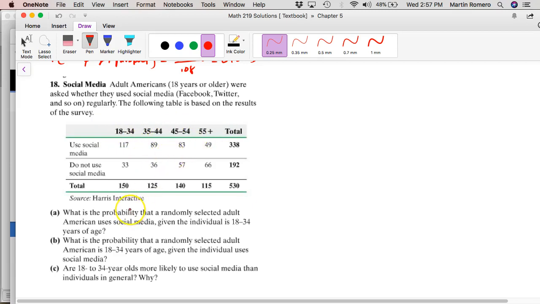So let's answer some questions. A, what is the probability that a randomly selected adult uses social media given that the individual is 18 to 34? So I'm going to abbreviate. They use social media given that they're between 18 and 34. So that given part, now I'm not going to look at the entire population.